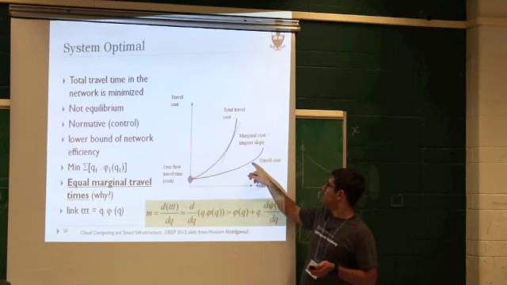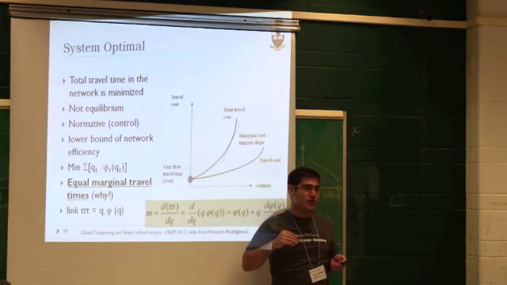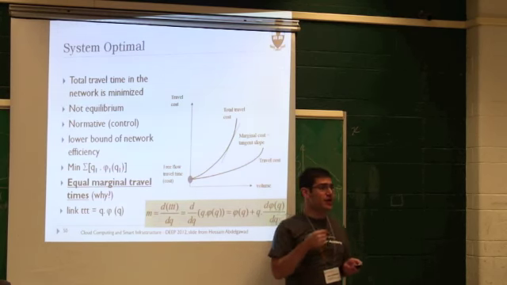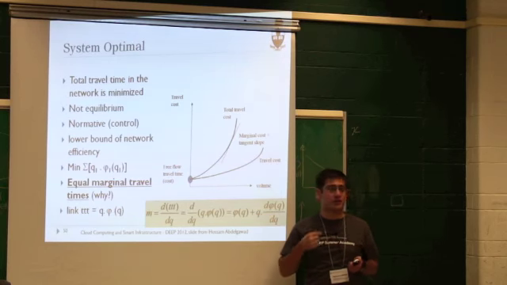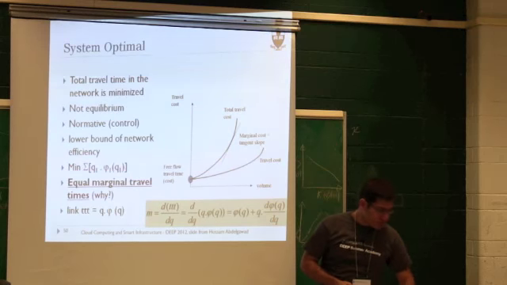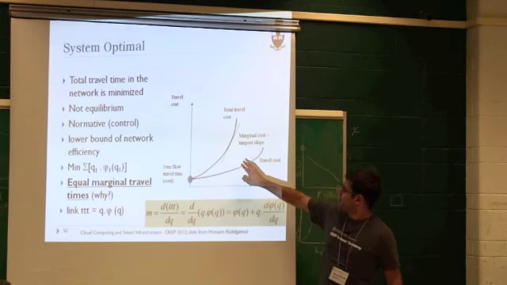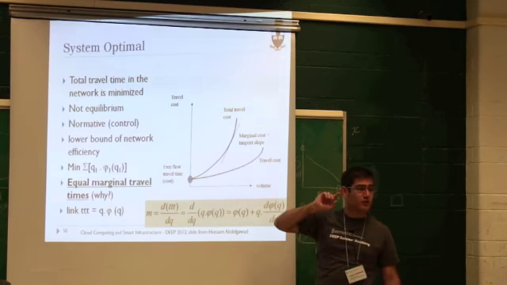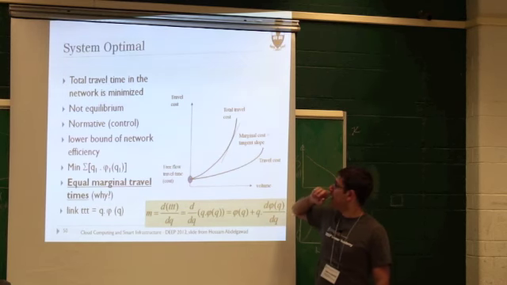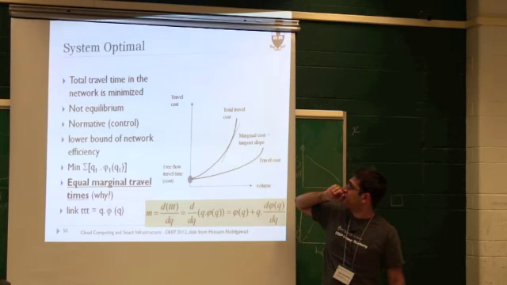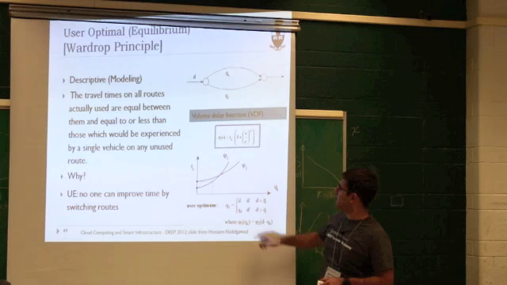Okay, so now that we know that the slope measures the cost of adding an additional vehicle, why do I need to make the marginal costs equal on two different links? The total cost for each of the routes is not going to be the same. On this curve, the total cost is only the same... no, let me explain it from here.